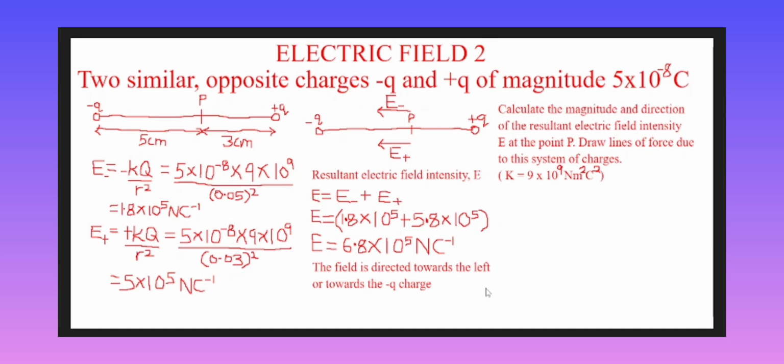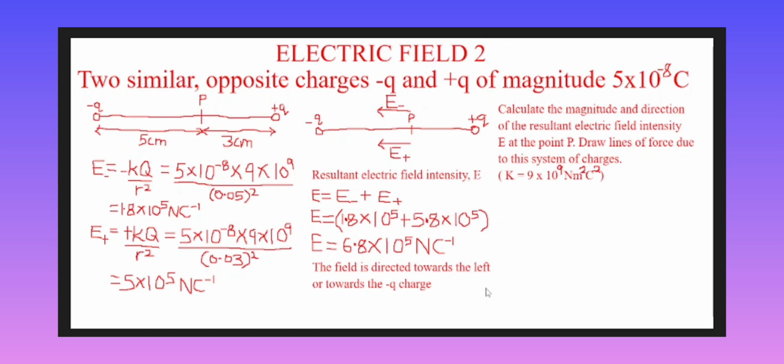We are to calculate the magnitude and the direction of the resultant electric field intensity, E, at the point P. We are to draw the lines of force due to the system of charges, and we are given our K to be 9 times 10 raised to power 9 Newton meter square per coulomb square.